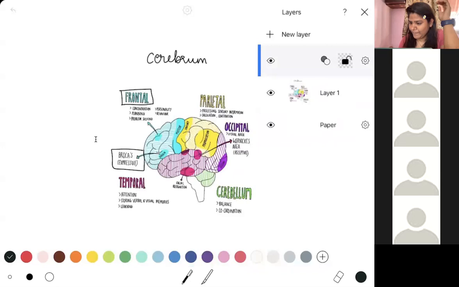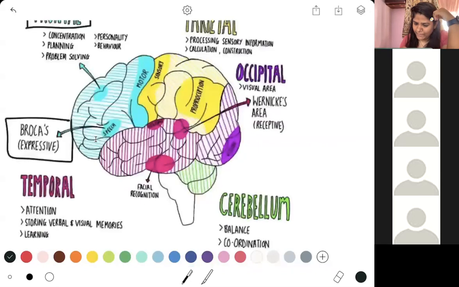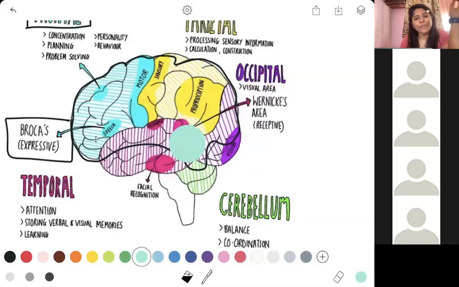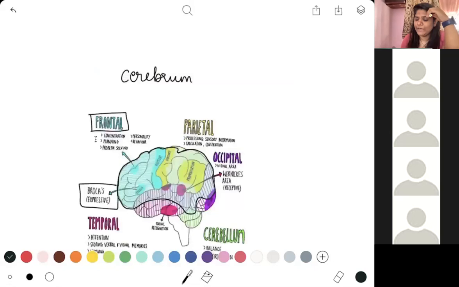If I take this particular part, the part that I'm coloring with the lightest blue, this part is going to be your cerebrum. Remember that the word brum rhymes with drum.